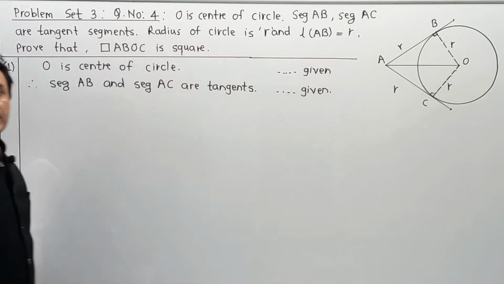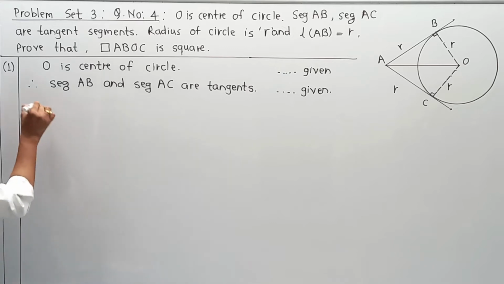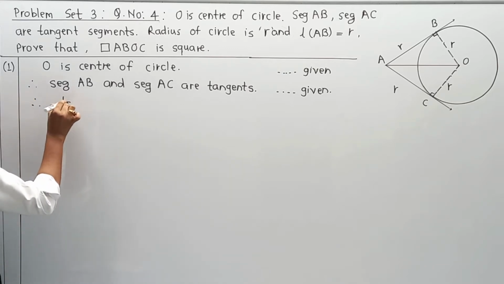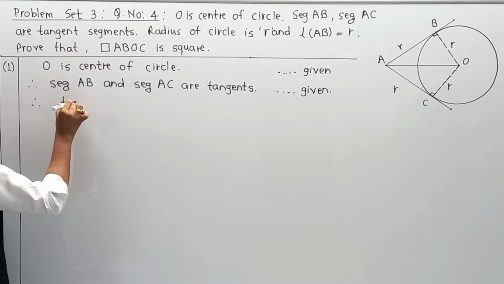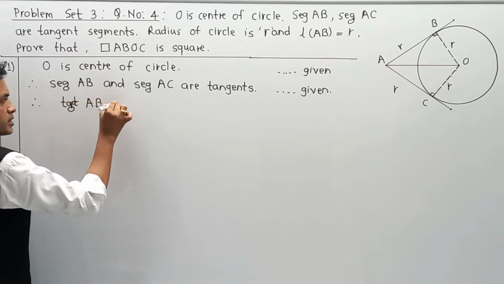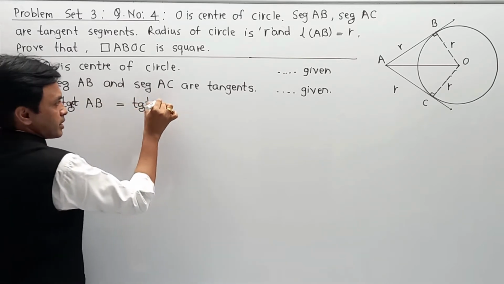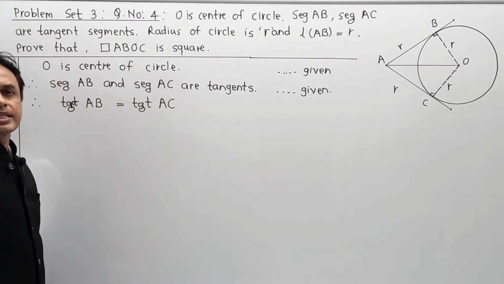Now we know that if a point is outside a circle and we draw two tangents to the same circle, then the tangents must be congruent. Means we can say that tangent AB is equal to tangent AC, and both the tangents are congruent.